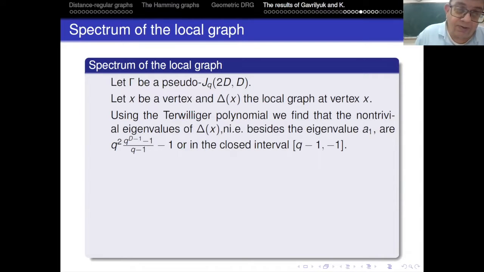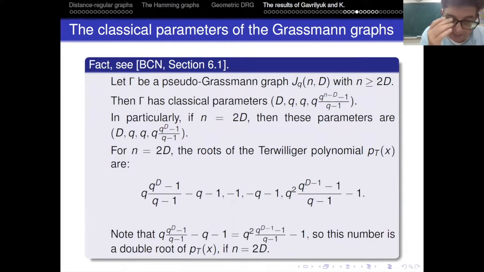Oh, I missed something. Okay, the first and the last eigenvalue here should be the same. They are the same, so that is a double root for this particular local graph. So for this particular Terwilliger polynomial, this is a double root.